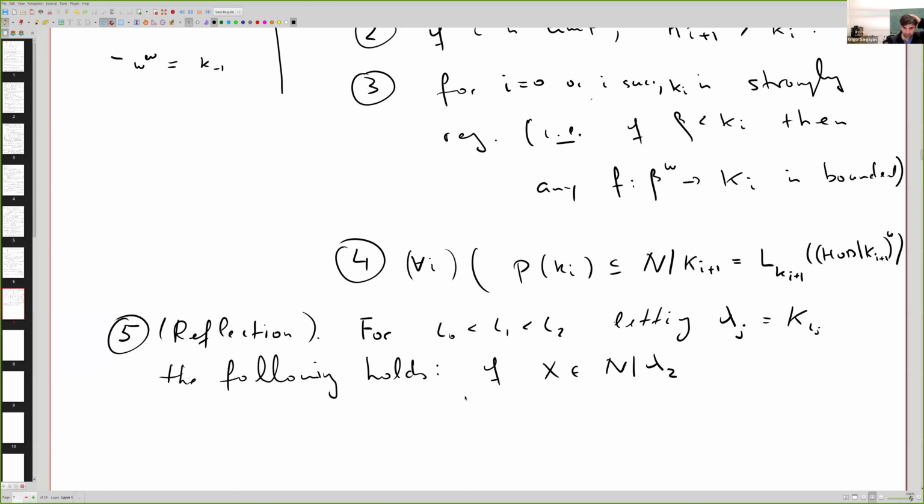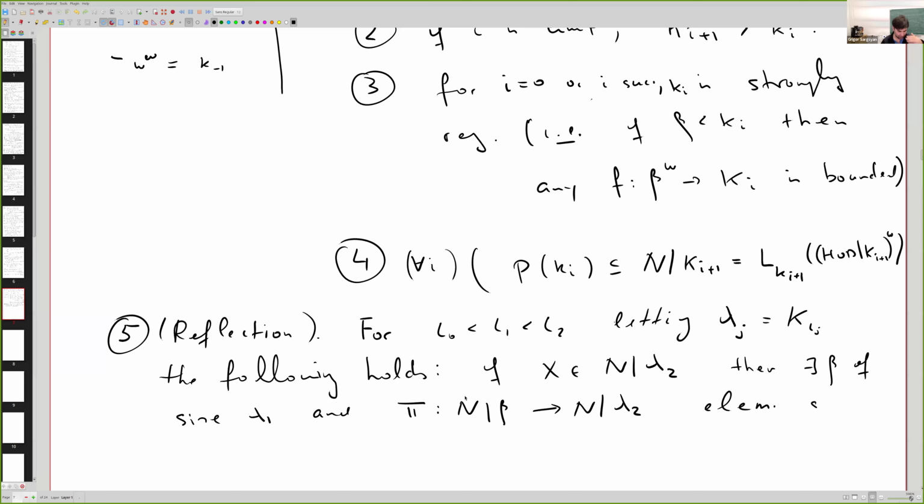Then there is beta of size lambda 1 and an elementary embedding pi from n up to beta into n up to lambda 2, such that n up to beta, kappa, lambda 0, sorry.